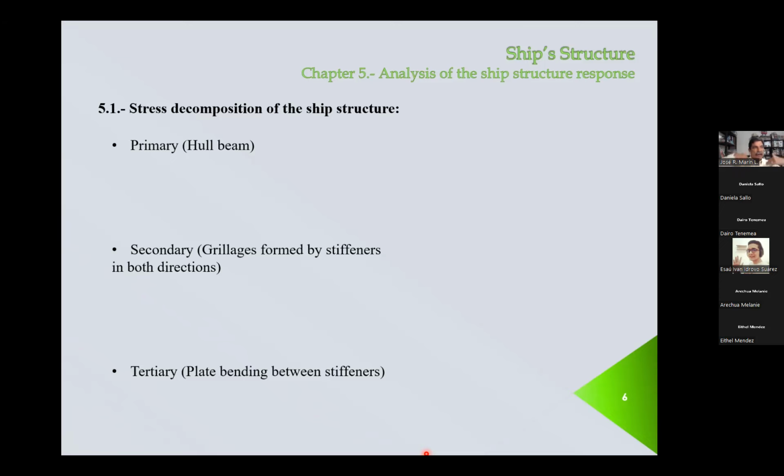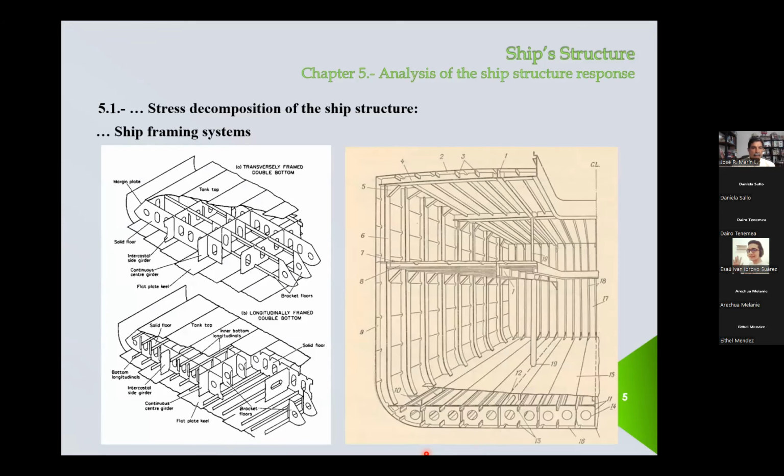The other one is, let's get closer to the structure, and let me go back here. You see in this area that you have plating and you have longitudinals. Or for example, here, you have longitudinals, plating, and you have transverse.